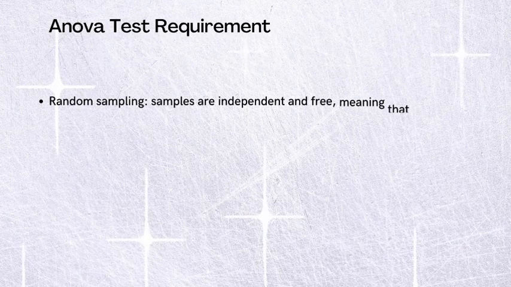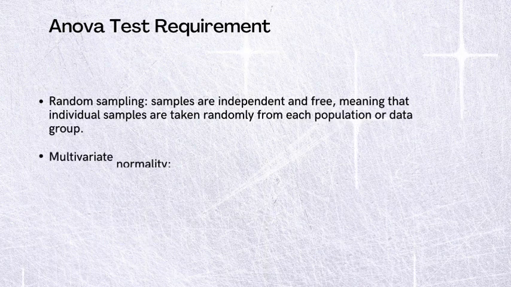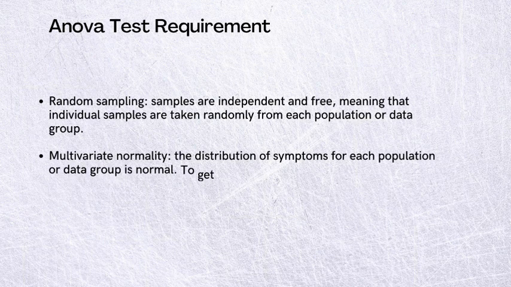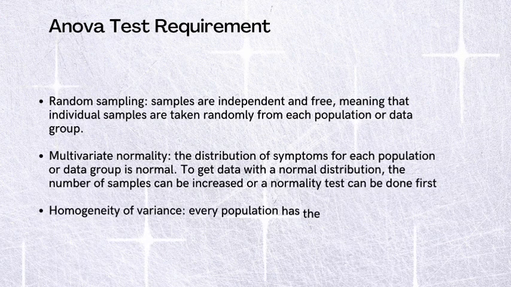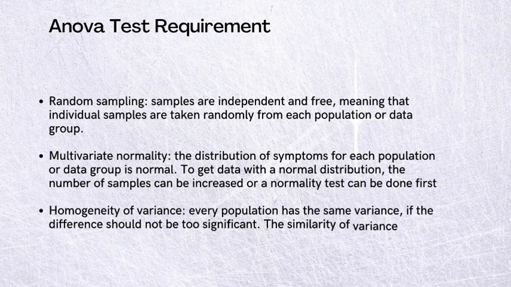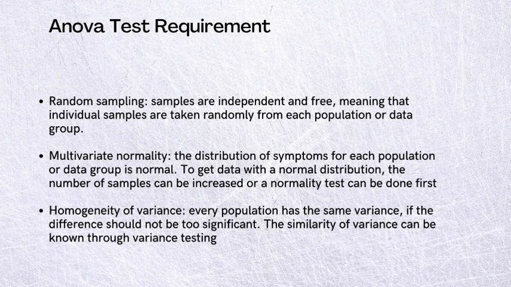Next is ANOVA test requirement. According to Donald H. Saunders, in the book Comparison of Three or More Sample Means, Analysis of Variance in 1990, there are assumptions that must be met to perform the ANOVA test, namely, first, random sampling. Samples are independent and free, meaning that individual samples are taken randomly from each population or data group.